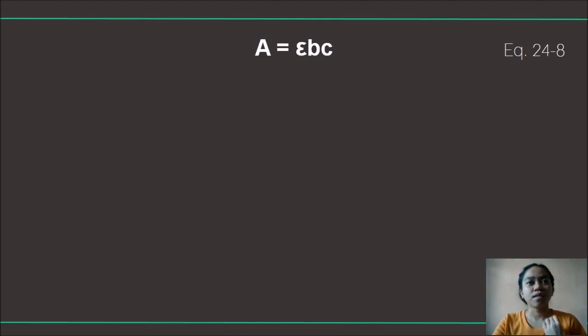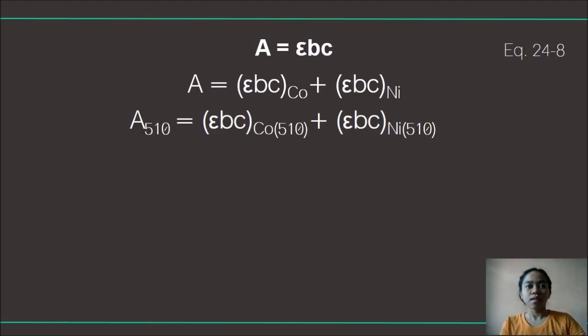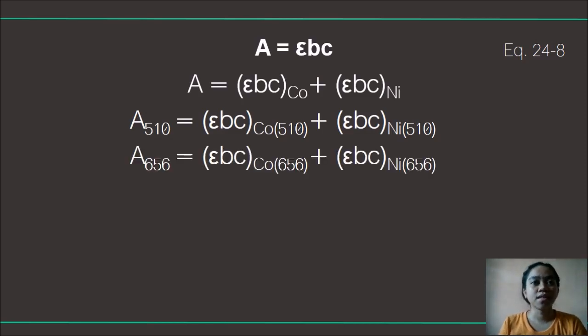That's why the sum of the absorbance of cobalt and nickel is the absorbance of the solution. We also have two different wavelengths. That's why we have different absorbances of cobalt and nickel at 510 nanometer and 656 nanometer.